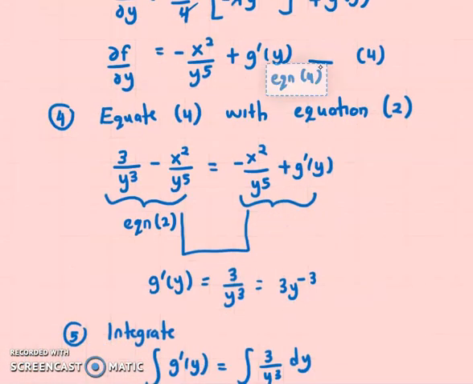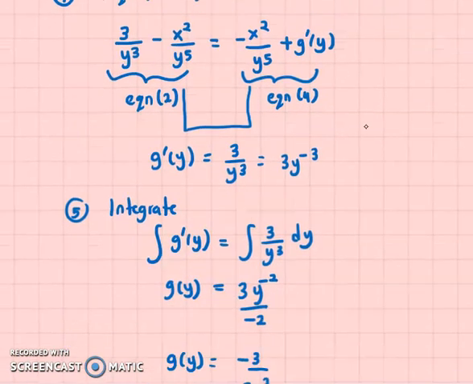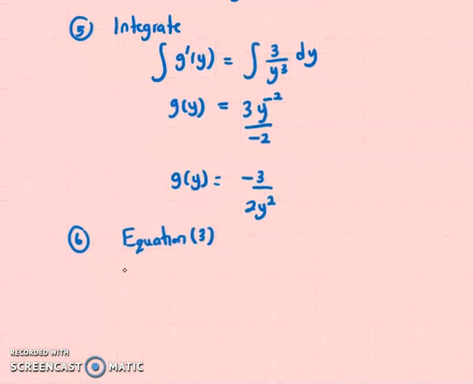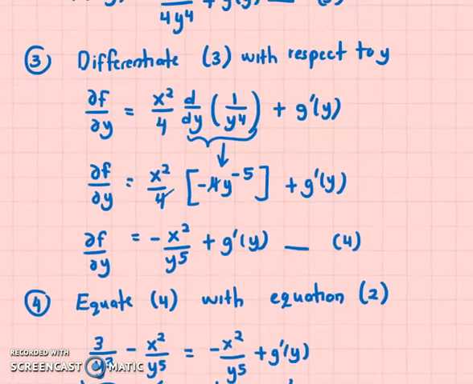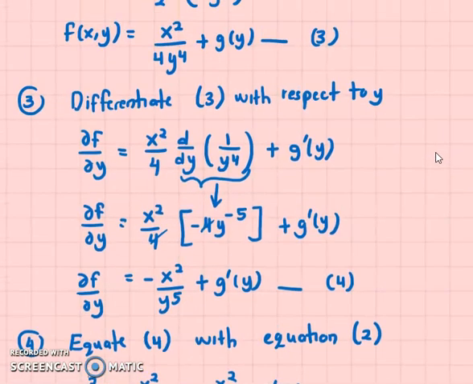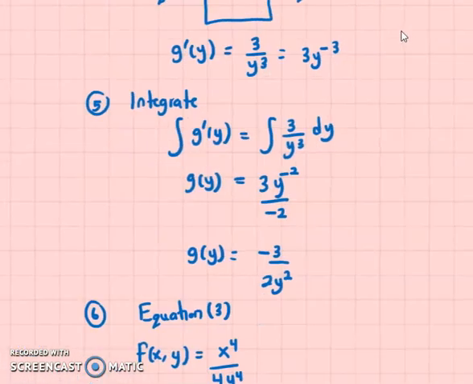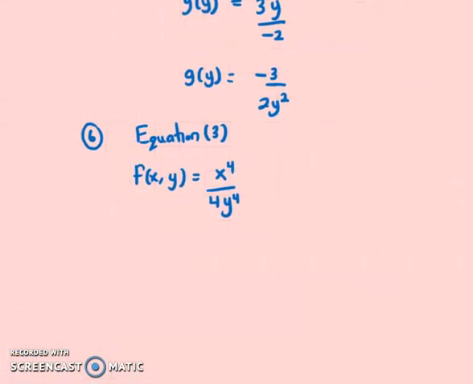So f(x,y) equals x^2 over 4y^4, let's check again whether x^4 or x^3. It's x^2 over 4y^4, so let's fix that.